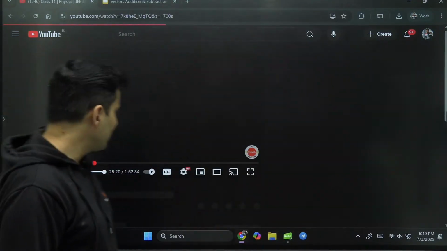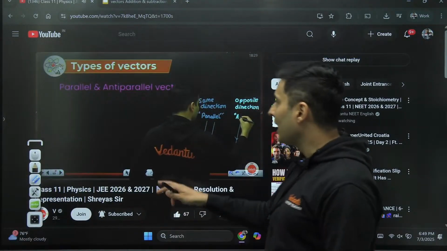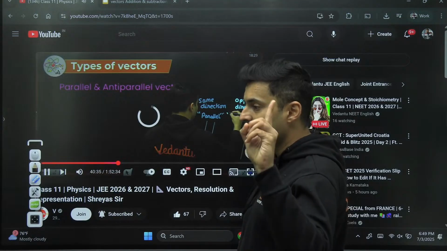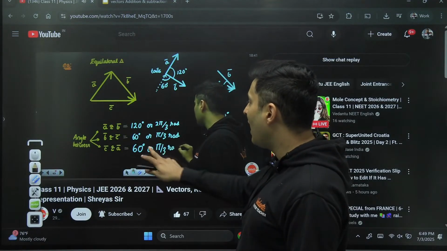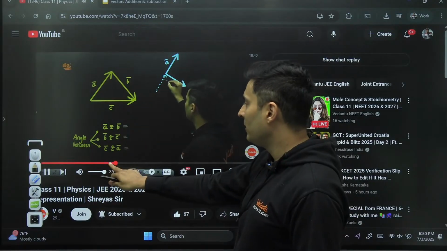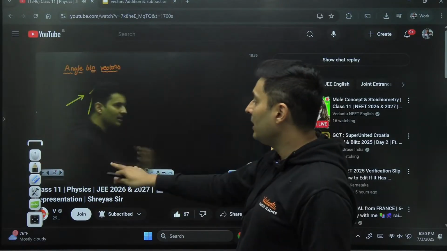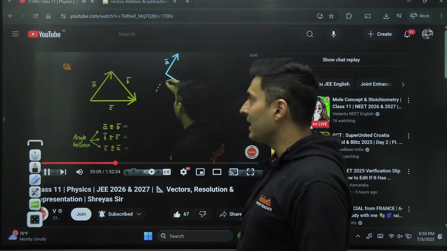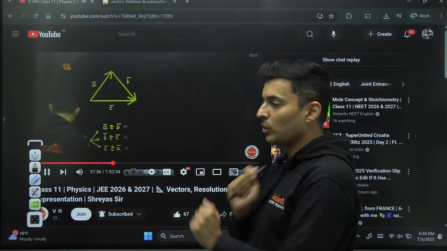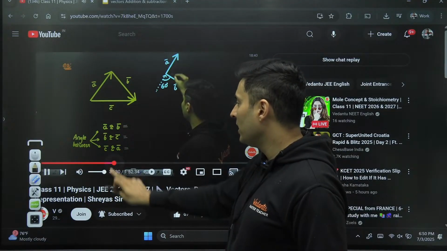Both the vectors have to be placed tail to tail, always tail to tail or head to head. Only then can we measure the correct angle between the two vectors.